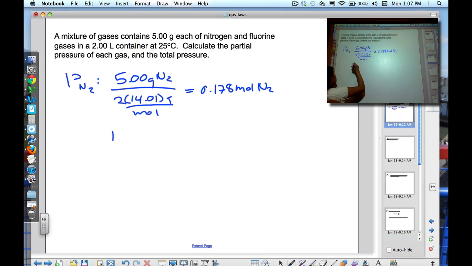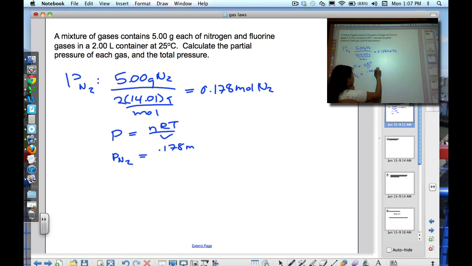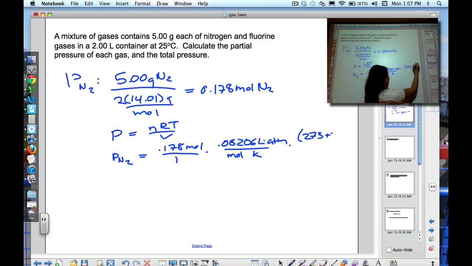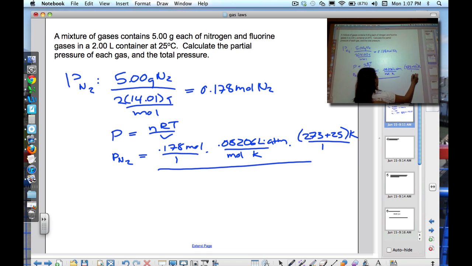So then P is equal to nRT over V. So the P N2 is equal to 0.178 moles over 1 times 0.08206 liters atmospheres over mole K times 273 plus 25 K over 1, because you have the Celsius but you want to get the Kelvin, and then you divide that all by 2.00 liters.